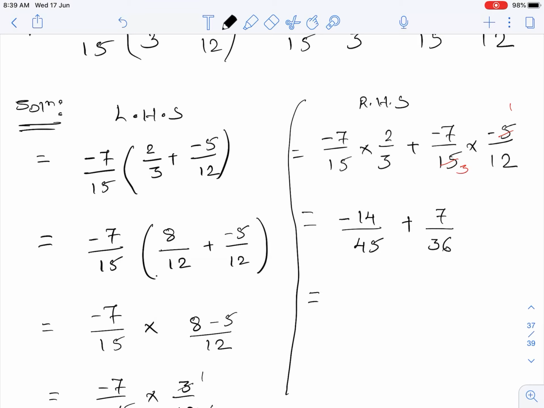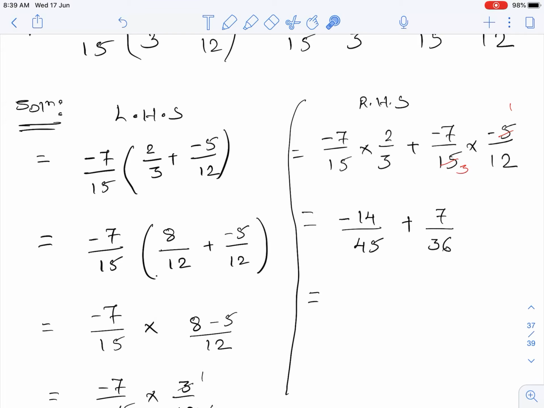Equals to, now we have to find the LCM of this 45 and 36. So what is the LCM of 45 and 36? That is 180.